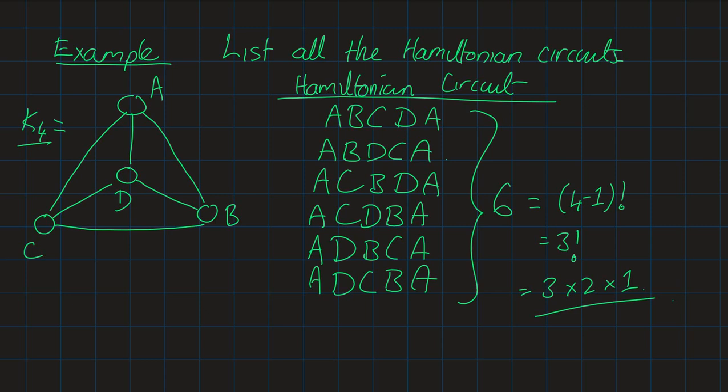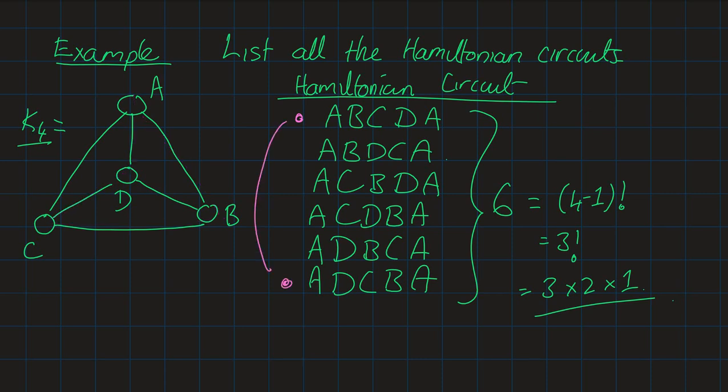You could also point out in this example, not all of these Hamiltonian circuits are sort of significantly different. So, for example, I have A, B, C, D, A. That one is right here, A, B, C, D, A. But I also have A, D, C, B, A. This one here.